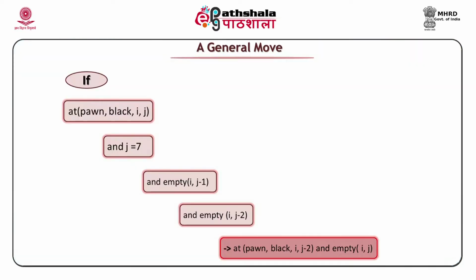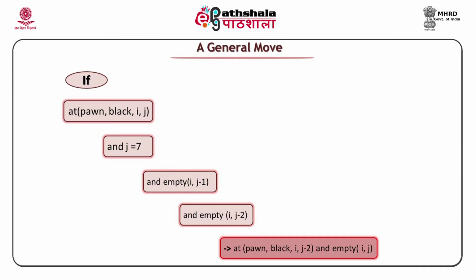Look at that. It says if at pawn black i j, that means a black pawn at position i and j equal to 7. Now, if you look at that figure, it is the initial position. When j is 7, it indicates that it is the initial position of that black piece. And empty i j minus 1, in fact, that is the next block.